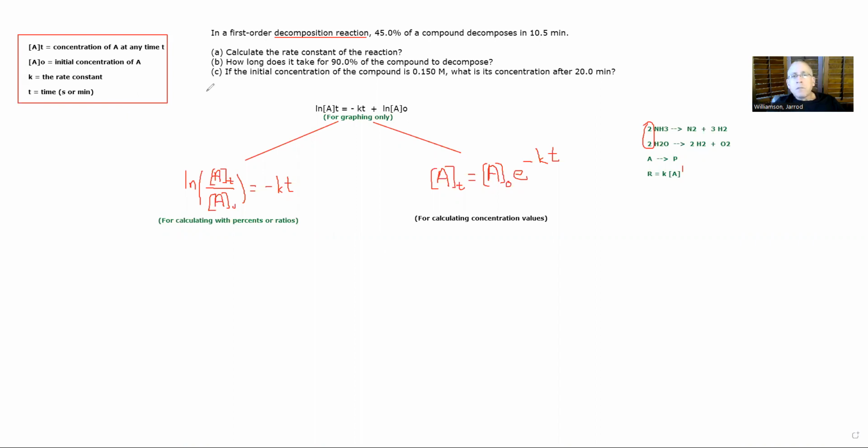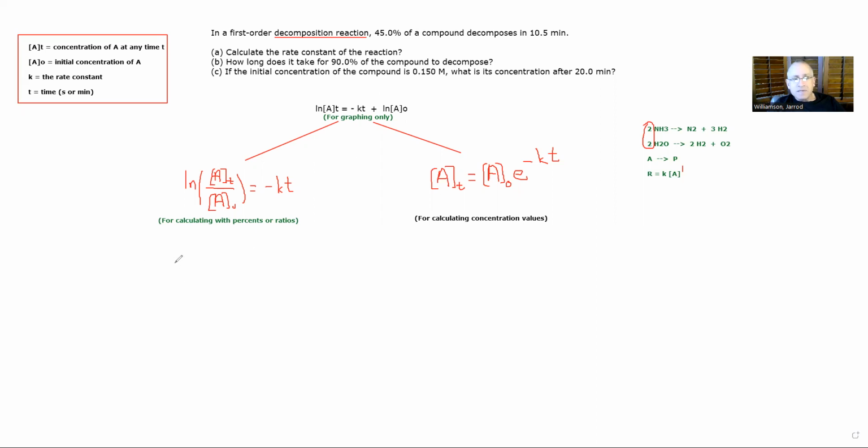Okay. So here in a first order decomposition reaction, 45% of a compound decomposes in 10.5 minutes. So we're calculating with 45%, that's a ratio. Percent means per 100. It's a ratio. We're not going to use this form. We're going to use this form. And 45% decomposes in 10.5 minutes.